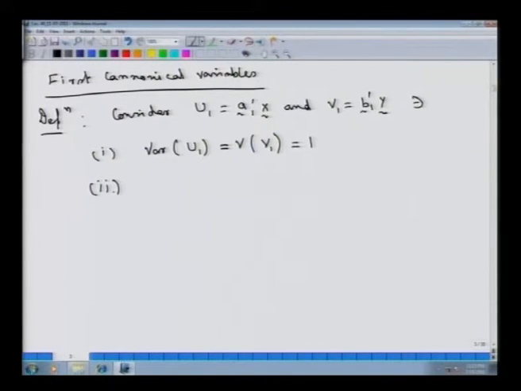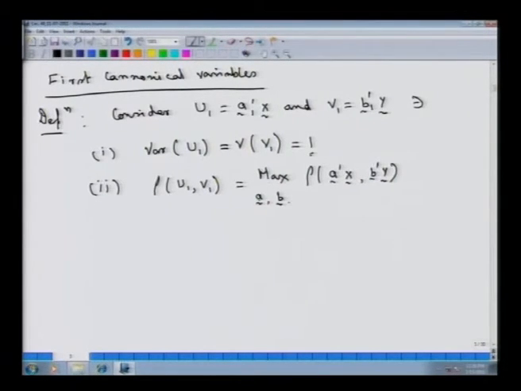Number 2 is that the correlation between this u1 linear combination and v1 linear combination is the maximum correlation between a' x and b' y, such that this maximization is over a and b. So, we are looking at u1 and v1 to be linear combinations with unit variance, and the correlation between them is the maximum correlation that one can find if one looks at all possible linear combinations a' x and b' y.